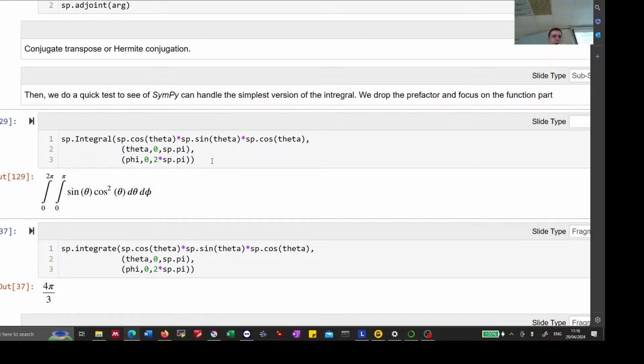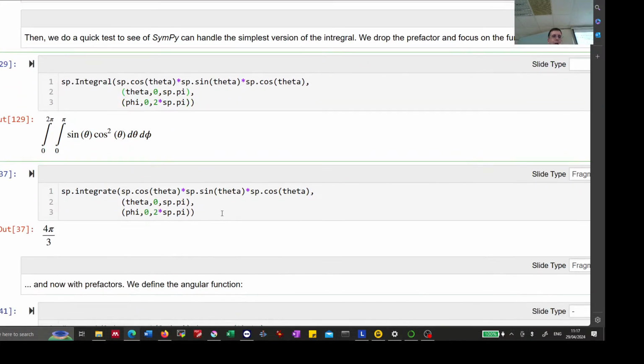Who is confident that they can actually integrate this function? It can be done, right? Maybe partial integration, integration by parts, or we ask Python to do it.